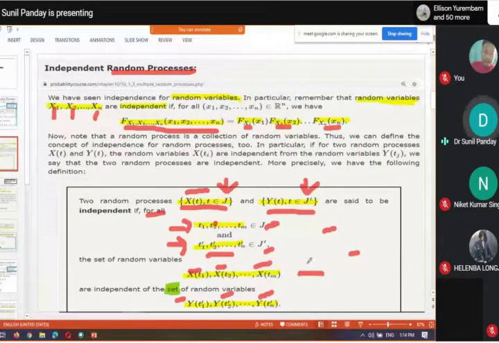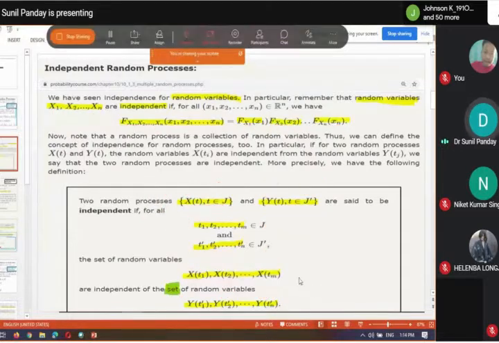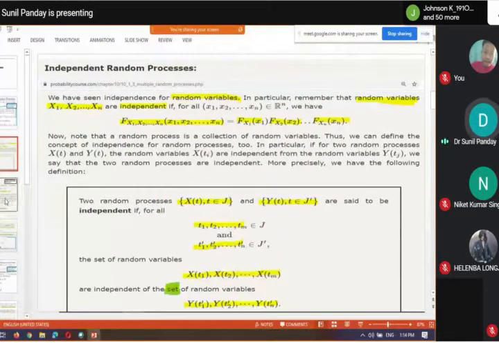So here you have one set of random variables and here another set. When these two sets of random variables are independent, then we can say that the random processes X(t) and Y(t) are independent.